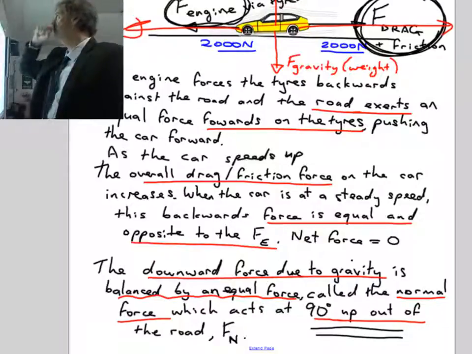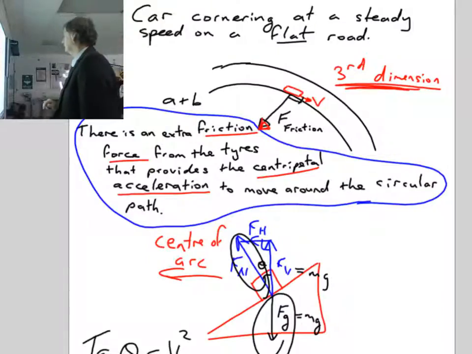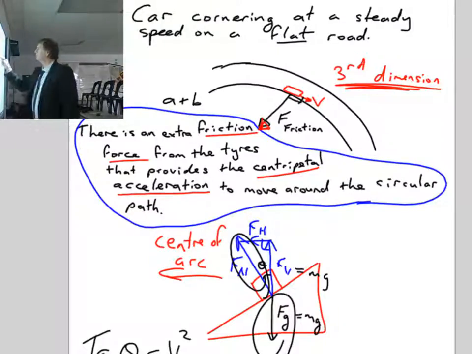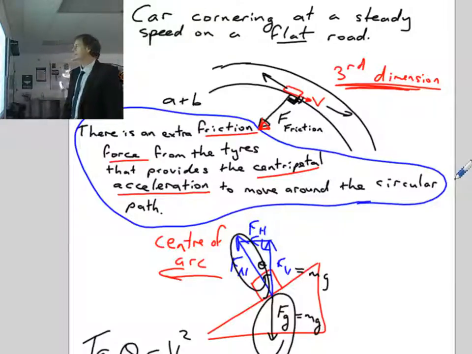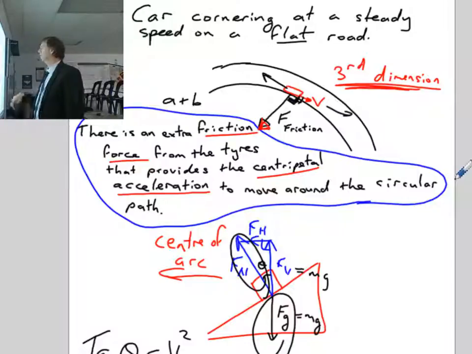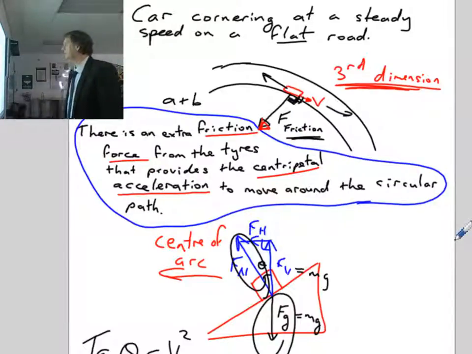The second situation is what happens if you get a car going around a corner. Now, in addition to the forward forces, the backward forces and the up and down forces, if you look at this from above, there's an additional force towards the centre of the circle because the car is following a circular path at a constant speed. So it needs a force for centrifugal acceleration. That's towards the centre at right angles to the velocity, and in this case, it's provided by friction between the tyres and the road.